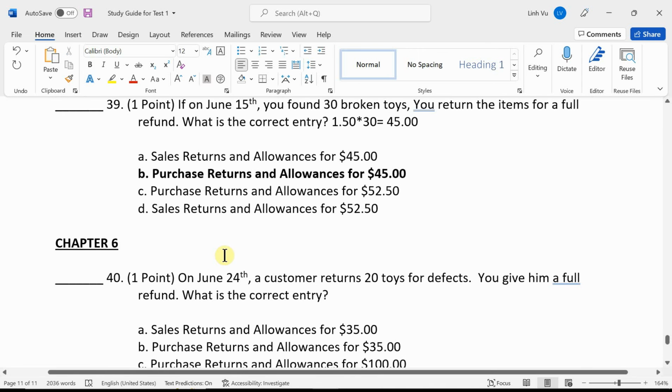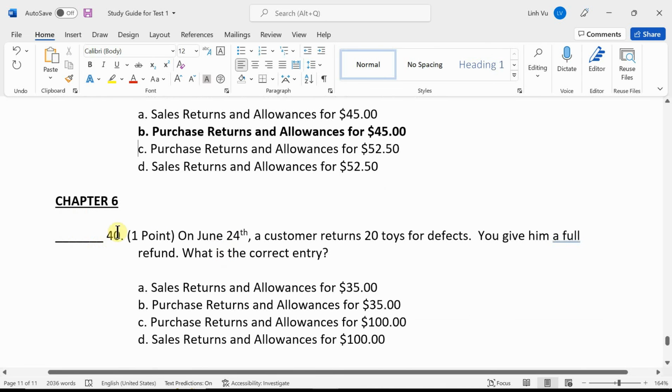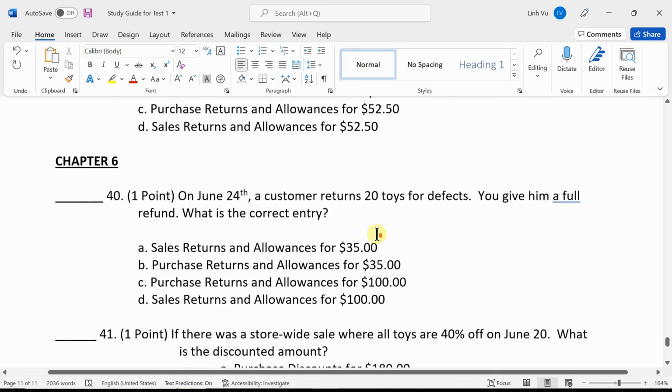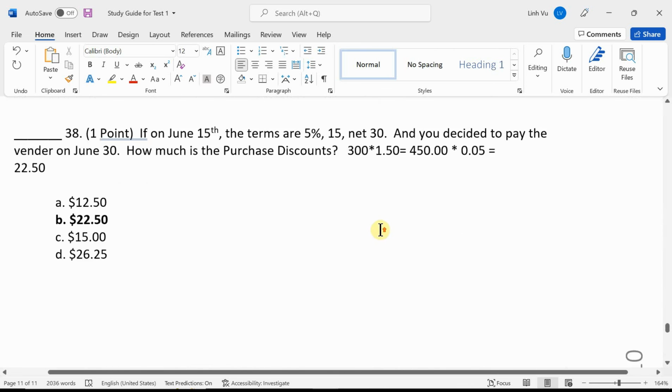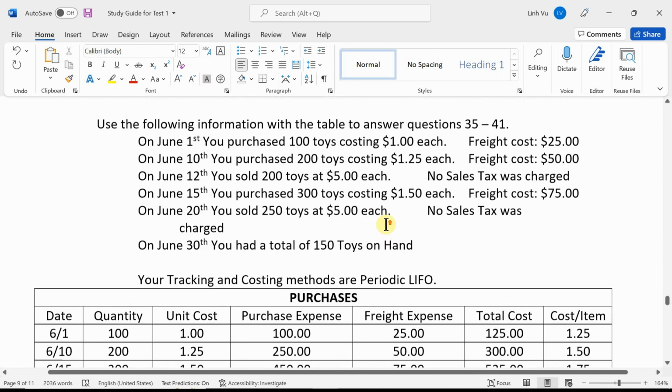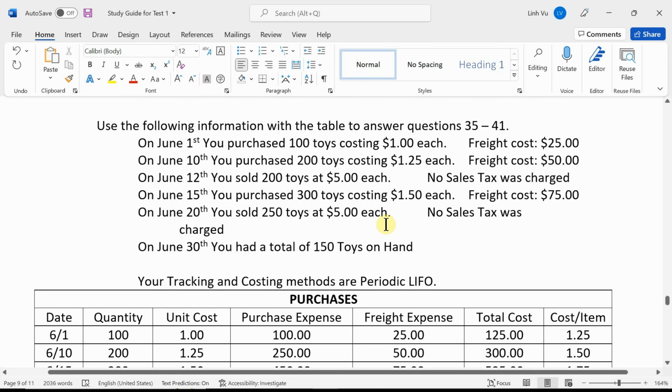Okay. Then chapter 6, question 40. On June 24th, a customer returns 20 toys for defects because they were broken. So in this case, you give them a full refund. So what is the correct entry? Let's refresh what happened here. On June 20th, we sold a total of 250 toys at $5 each.